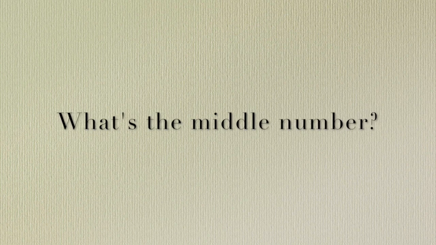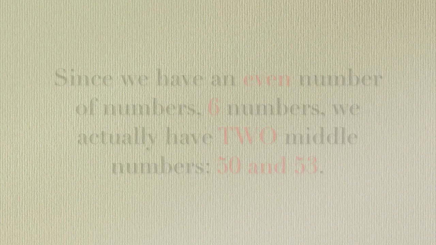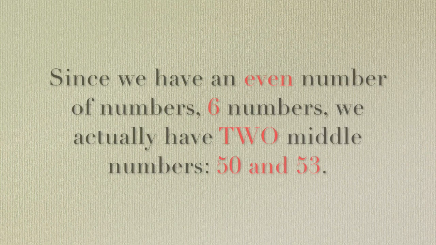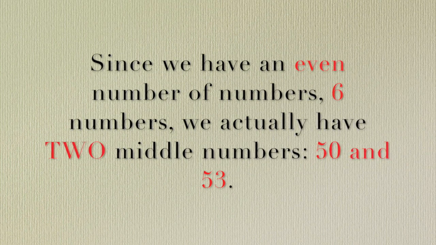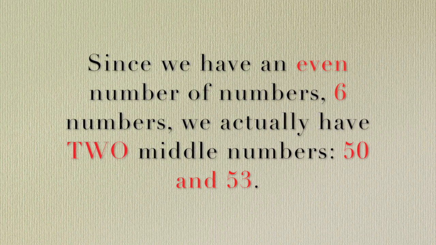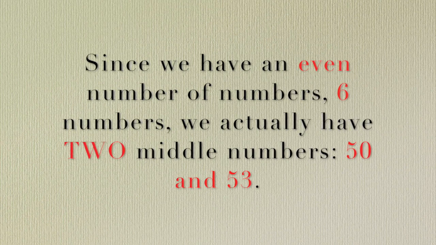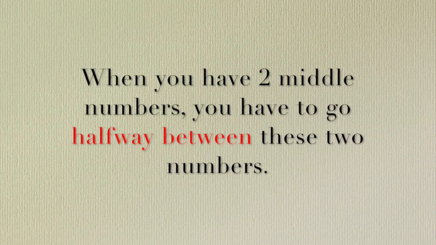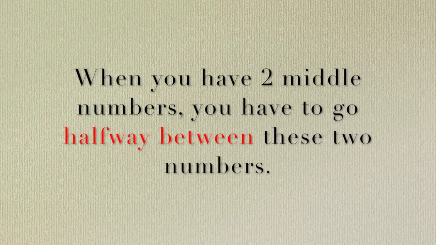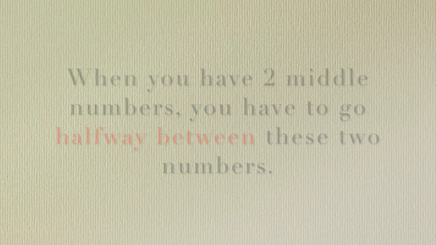Okay, so what's the middle number? We have an even number of numbers, 6 numbers, so there's not a singular middle number. We actually have 2 middle numbers, 50 and 53 in the set of 46, 49, 50, 53, 54, and 54. And in this case, when you have 2 middle numbers, you have to go halfway between these 2 numbers.